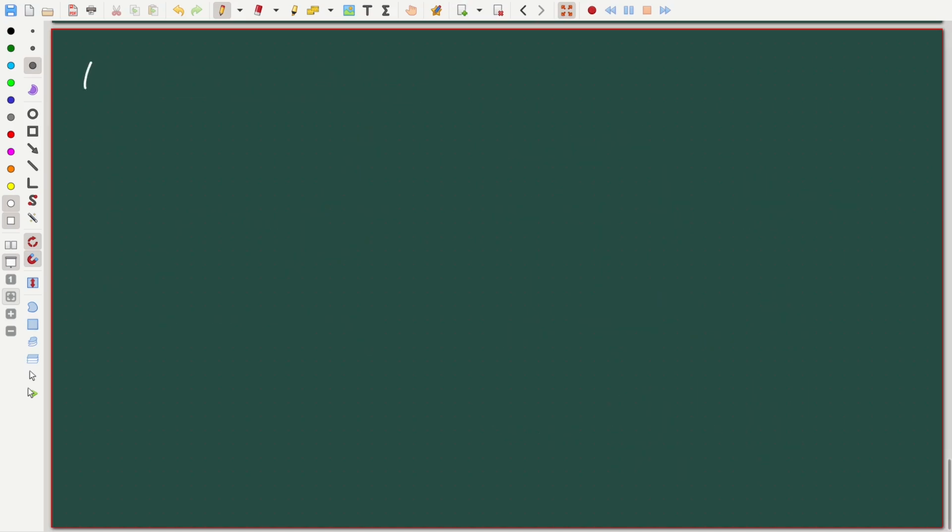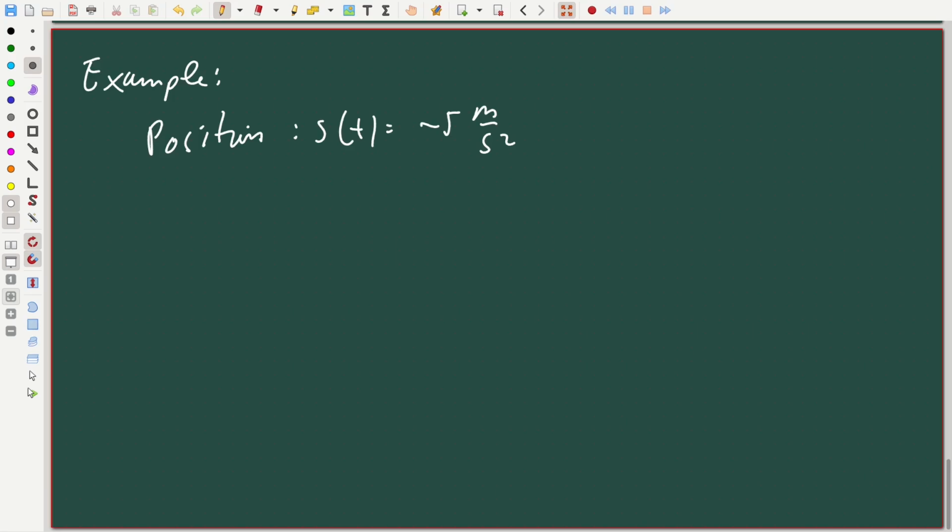Again, let's make another example to really get perfectly familiar with that. So let's suppose our position s of t, a function of t, would be given as, for example, I just take a random function, minus 5 meter per cubic second times t to the power 3.